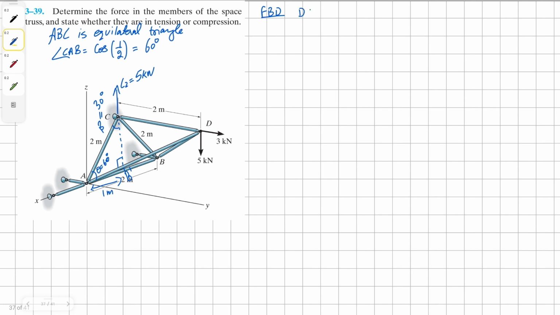Let's draw the free body diagram for D. So at D we're going to have an external reaction force of 3 kilonewton, and this is projecting along the y-axis. Then we have an external reaction force of 5 kilonewton, and it's projecting along the z-axis. Then we have our unknown force from member CD, and it's projecting along the y-axis as well.